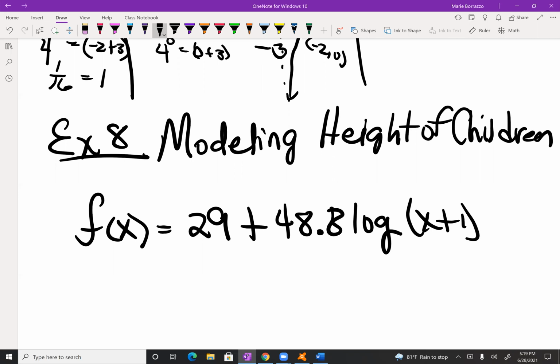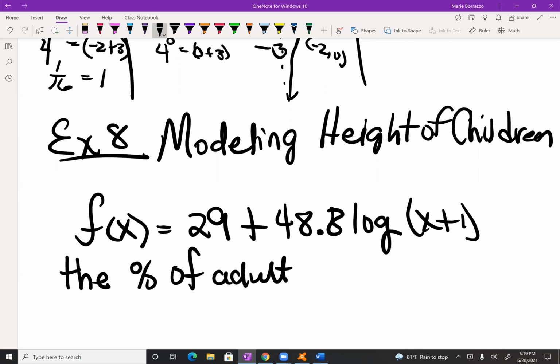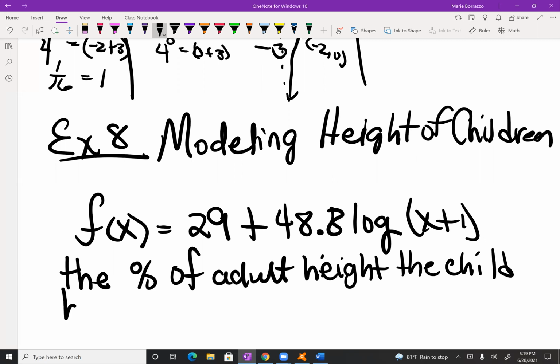And they want to know the percentage of the adult height this kid has reached by age 8.